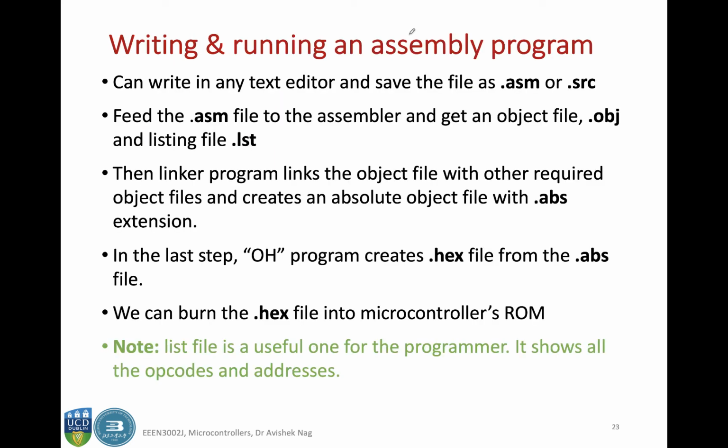So these are the steps of writing and running an assembly program. You can write in any text editor and save the file as .asm or .src, and then feed the ASM file to the assembler and get an object file with an extension .obj and a listing file with an extension .lst. Then a linker program links the object file with other required object files and creates an absolute object file with extension .abs.